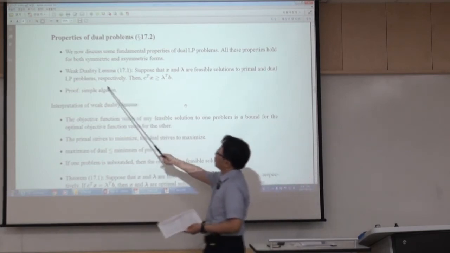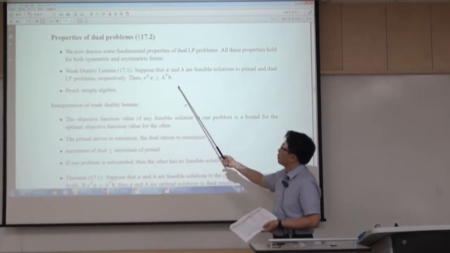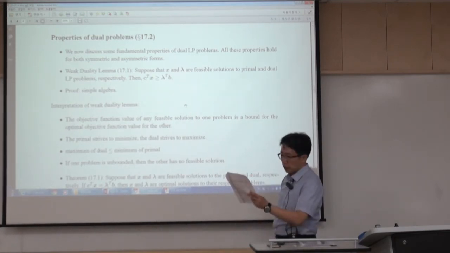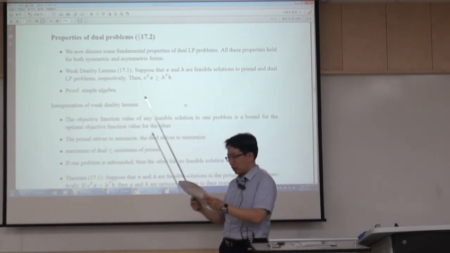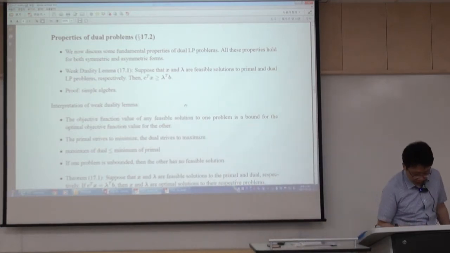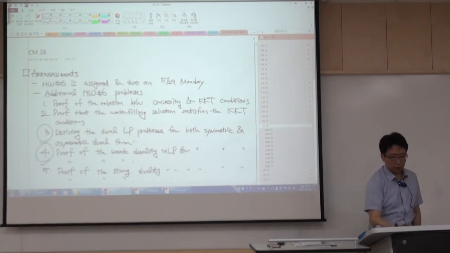First, the weak duality lemma. It's very easy to show this for one of the symmetric or asymmetric forms. The other is a little bit different, but anyway, this is your first problem, so work on it.